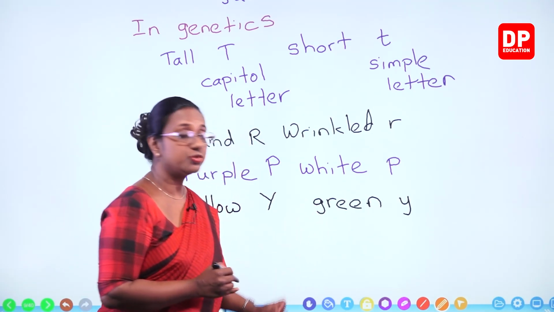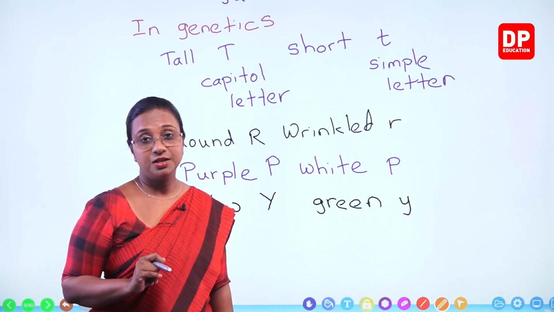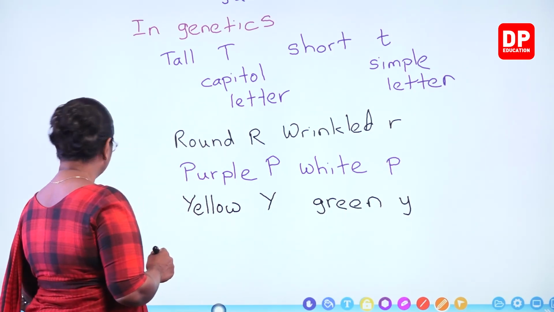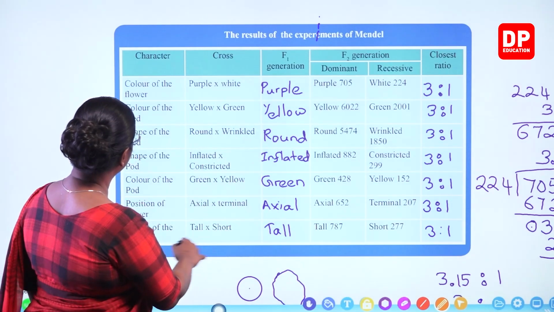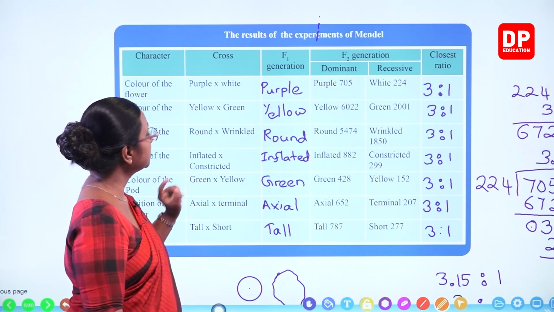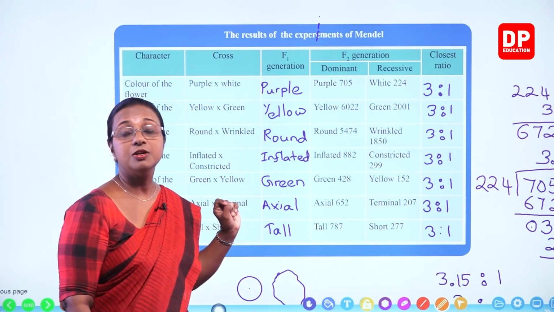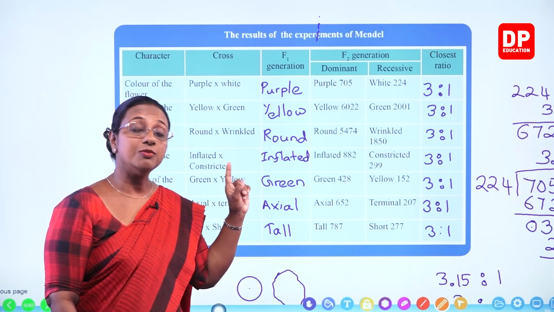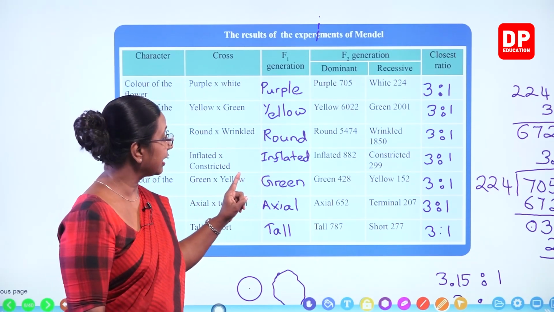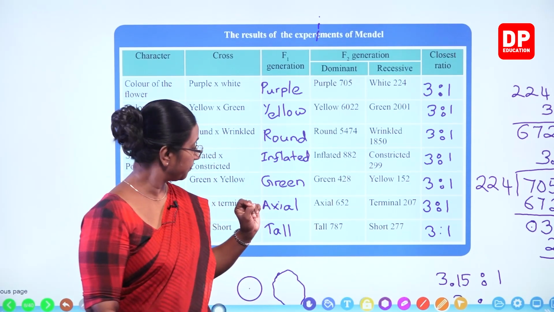We don't use G. You have to remember that. So, likewise, if we go back to the previous slide, here you can see seed color yellow, round. Then if it is for the shape of the pod, what will you do? Inflated is the dominant character. So, you will use capital I for inflated character, simple i for constricted character.